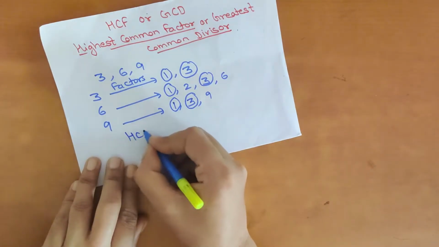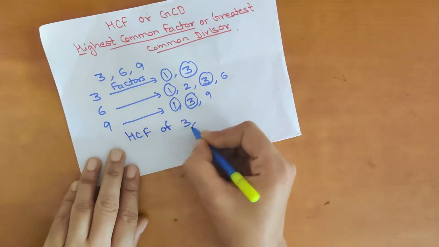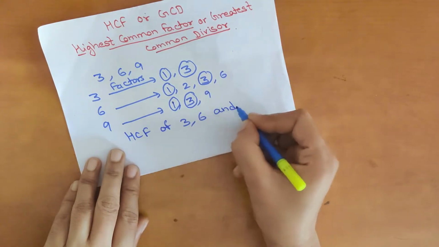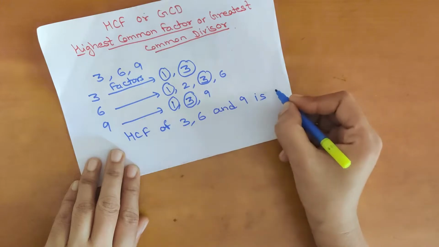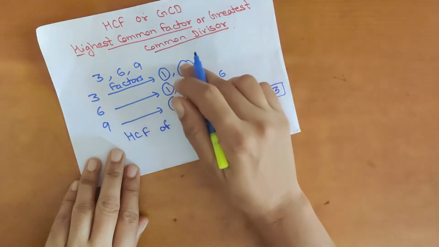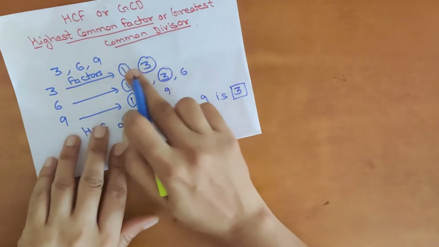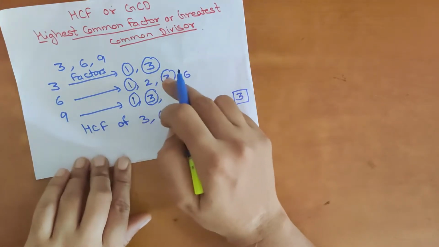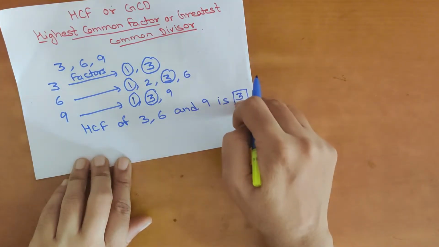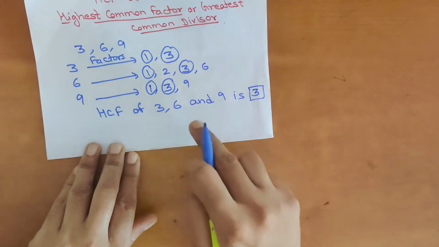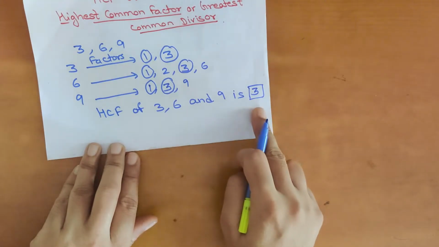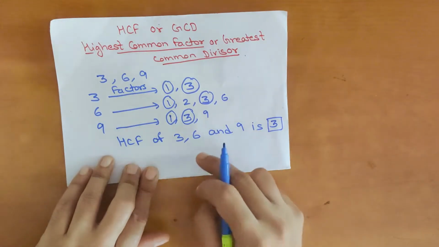So HCF of 3, 6 and 9 is 3 because 3 is the highest. We got common factors 1 and 3, but the highest common factor is 3. That's why HCF of 3, 6 and 9 is 3. This method we have studied in 6th standard.